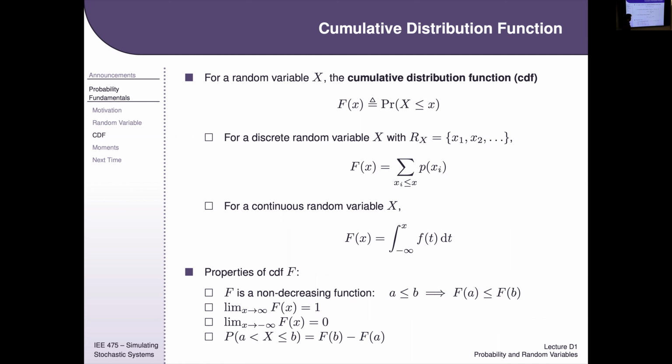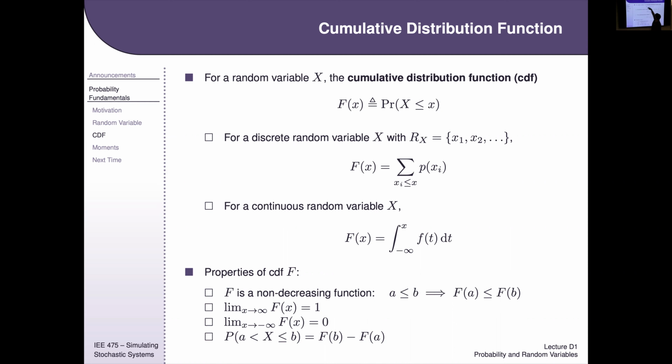As x goes to infinity, it will always go to 1. Likewise, as x goes to negative infinity, it will always go to 0. So cumulative distribution functions tend to look S-shaped because they start at 0, rise up, and then hit 1. They look like an S, S for Sam.